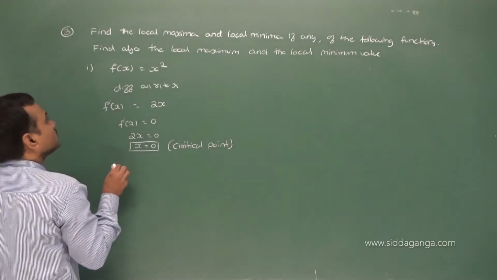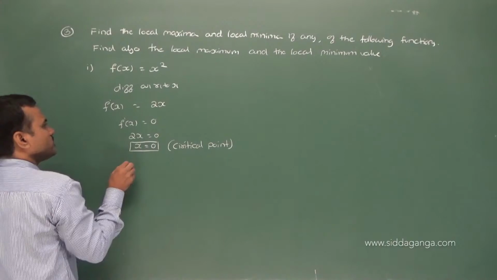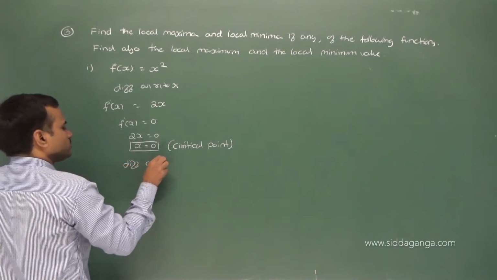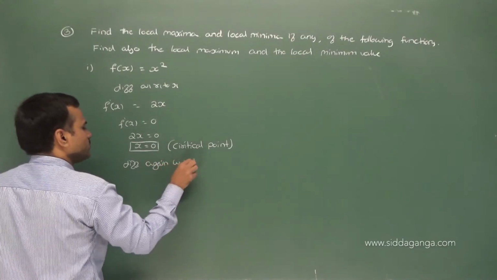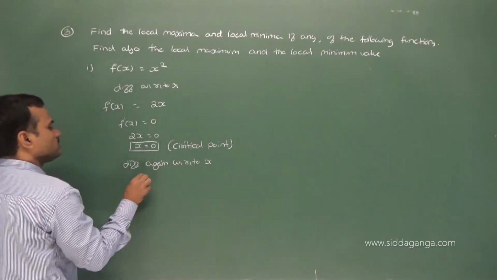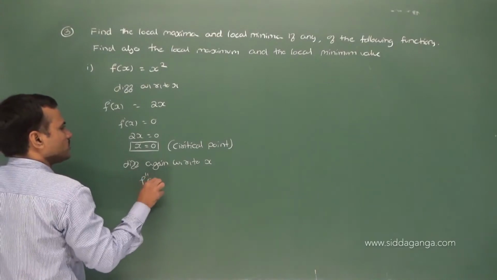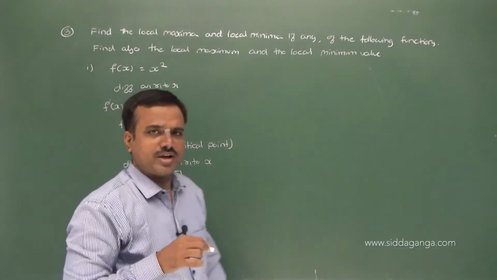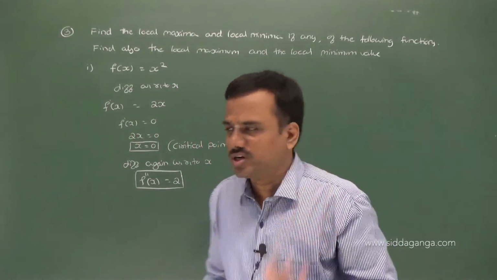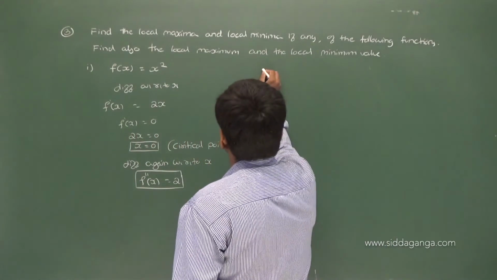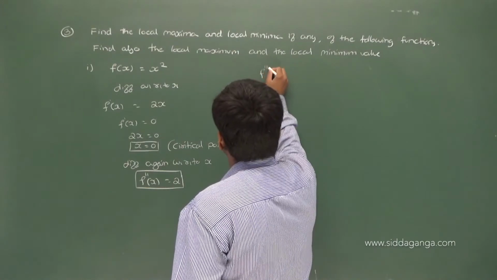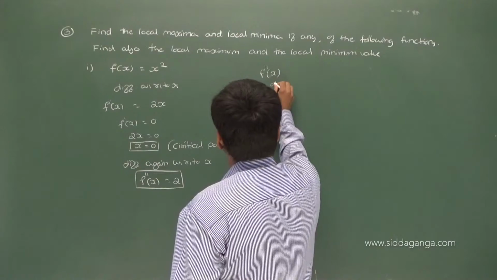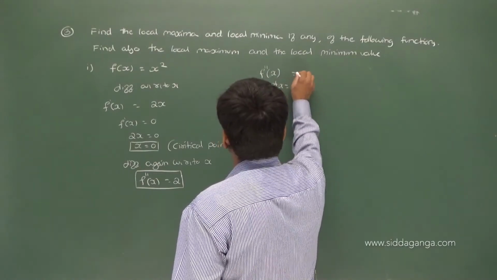At the critical point, what we do? We differentiate again with respect to x. That means f double dash of x is 2. Correct? Next step. f double dash of 0, or f double dash of x at x is equal to 0.